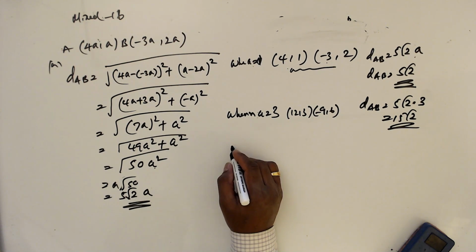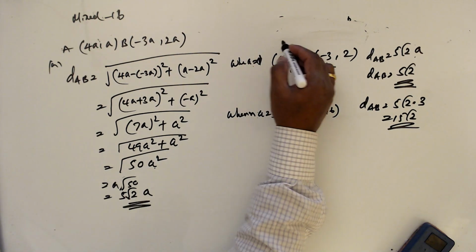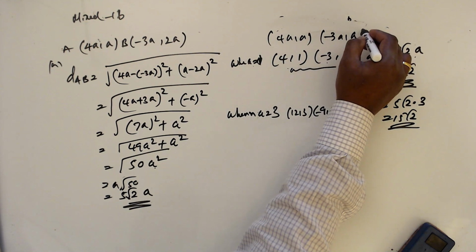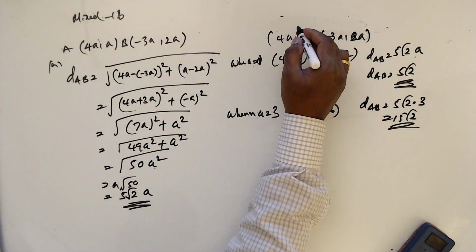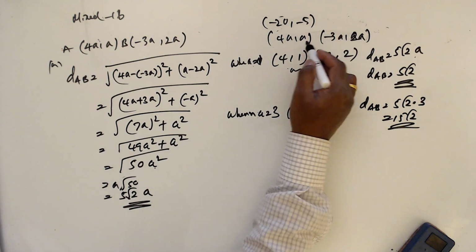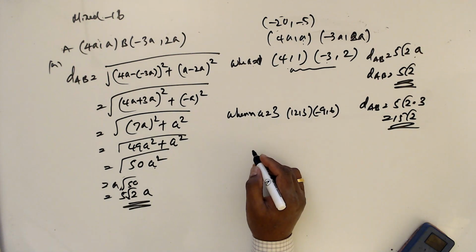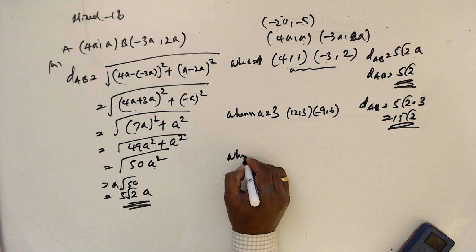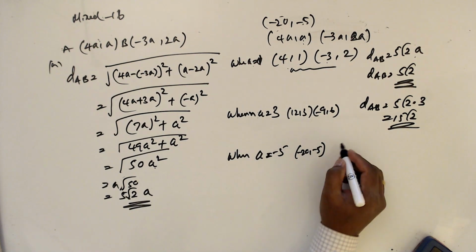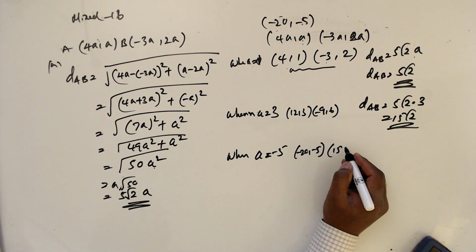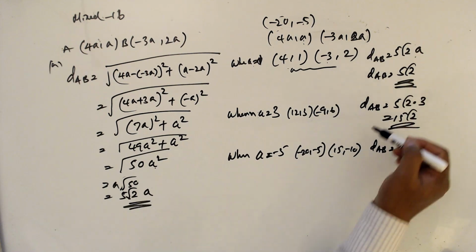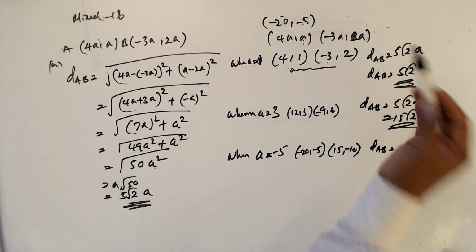Now another point is there, minus 20, minus 5. When I look at 4a, a, minus 3a, 2a, and the next one, I can see minus 20, minus 5. Clearly I can see that a equals minus 5. Now when a equals minus 5, we will get minus 20, minus 5 and plus 15, minus 10. But consider this time, if you put this one to minus 5, this is going to be minus 25 square root 2.